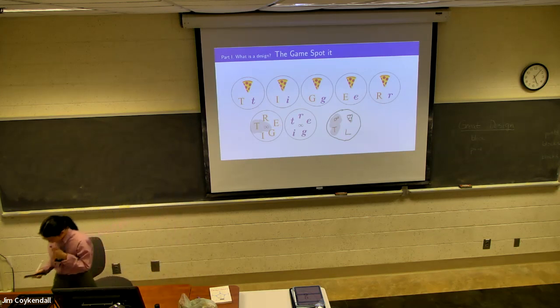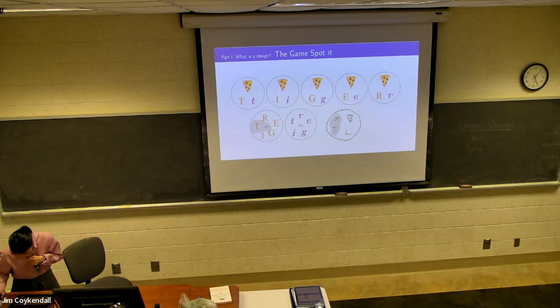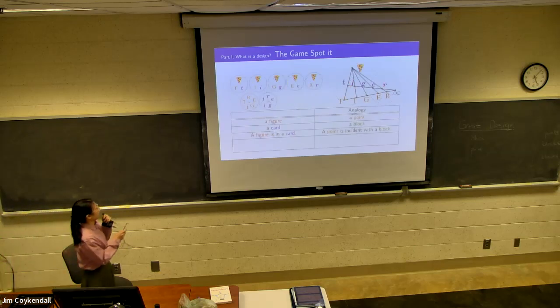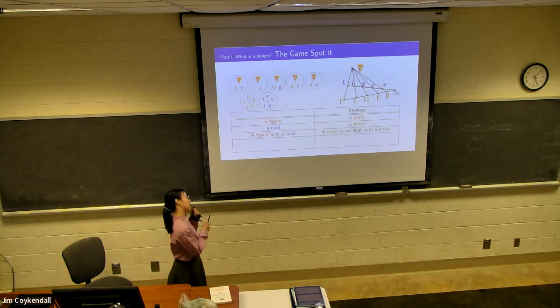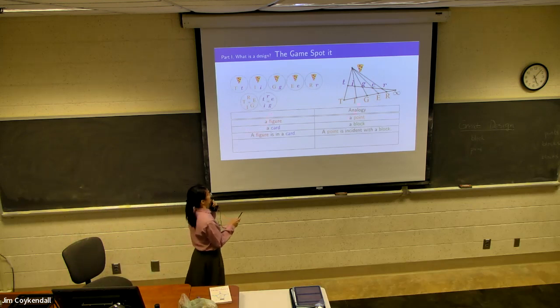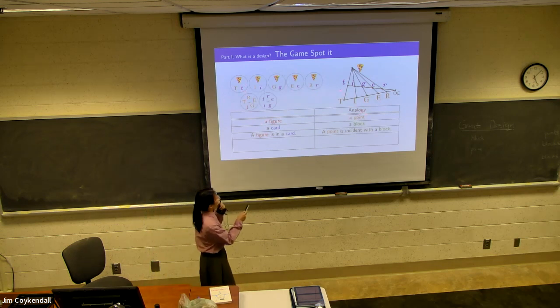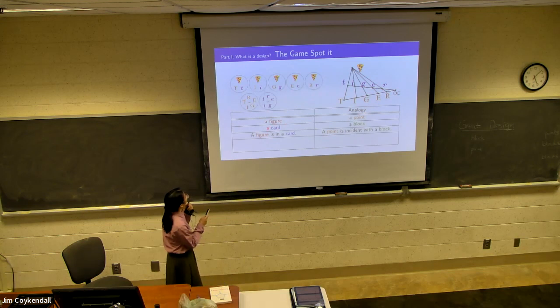Now, we can turn this game into a mathematical model, and that will make our life a little bit easier. The way to do so is to interpret a figure to be a point. So say here, I have 12 figures, and they are just represented as points here, and then I have different cards.